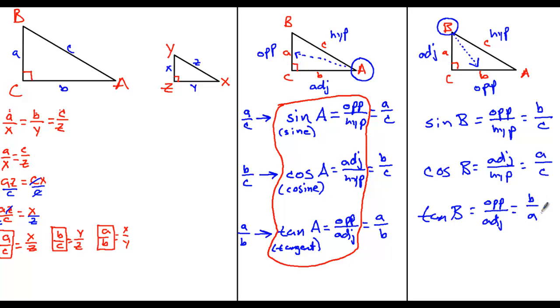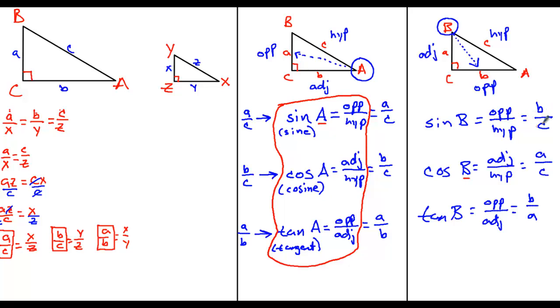Okay, so if you notice, our letters changed around. If these were numbers, they would have all been flipped over. But one thing you might notice is that the sine of angle A, A over C, equals the cosine of angle B, A over C. And then the cosine of angle A, B over C, equals the sine of angle B. So it's just kind of neat that that works out like that.